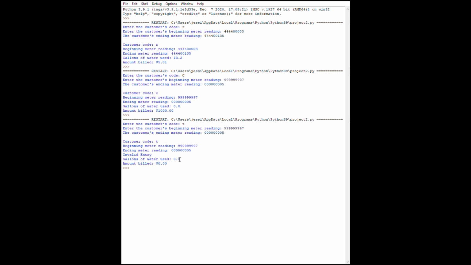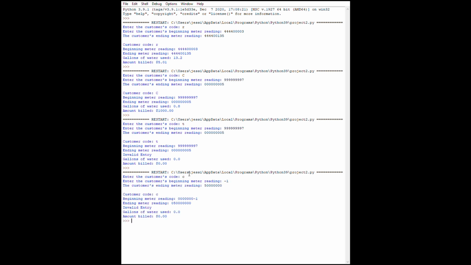Let's do a test of invalid numbers. So C is a valid character, but let's do -1 and something like that. So again, we have another invalid entry because -1 doesn't work.